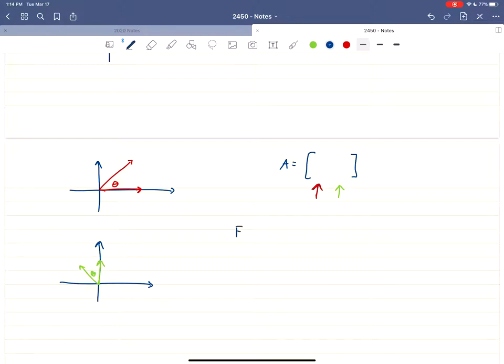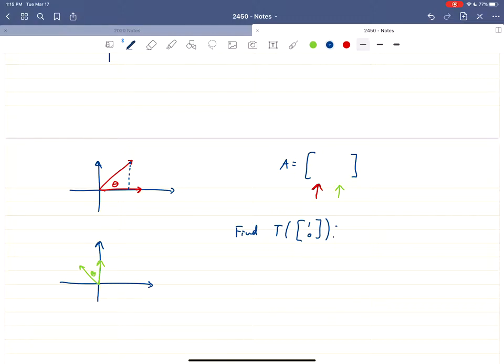We're going to need a little bit of geometry here. We have some angle, and we want to figure out the x and y values. If we know that, then we're done.